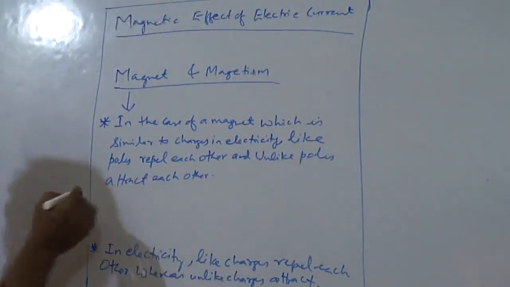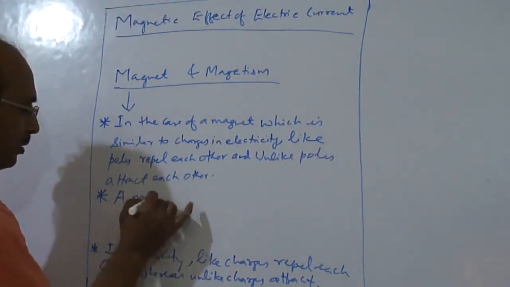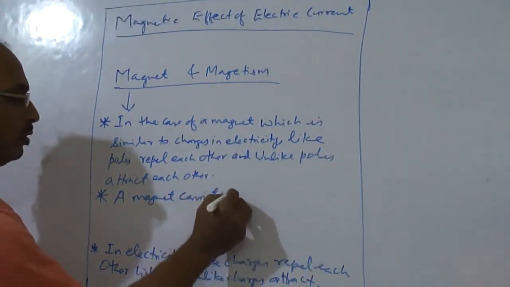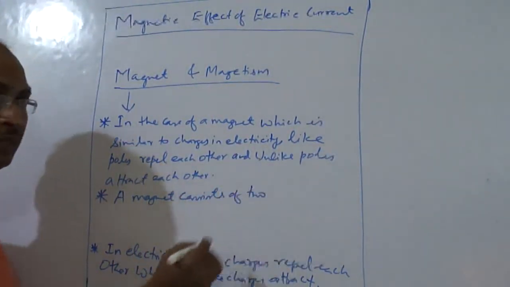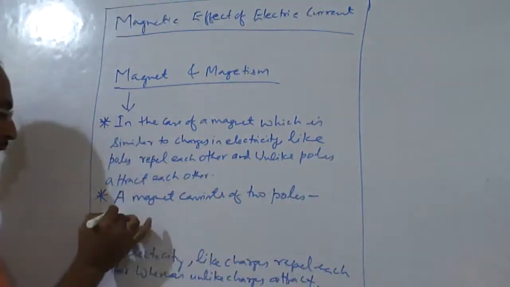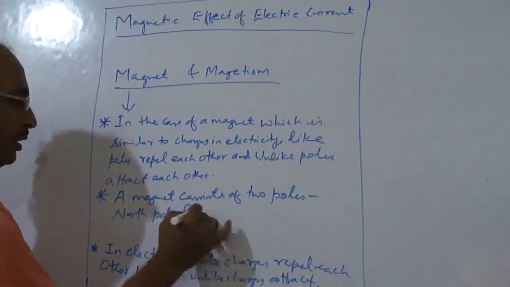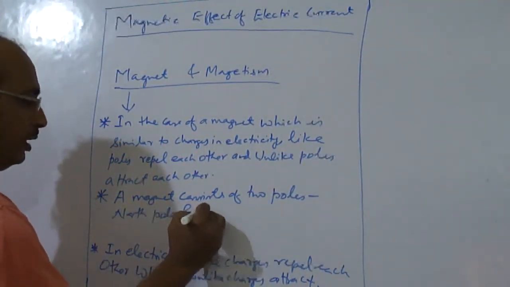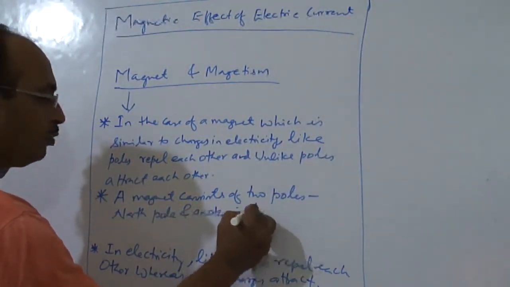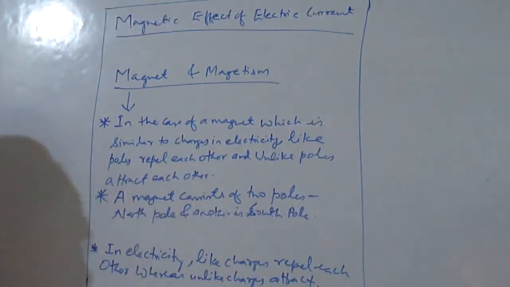Here you can write that a magnet consists of two poles. One is the north pole and the other is the south pole. You know that Earth is also a magnet.